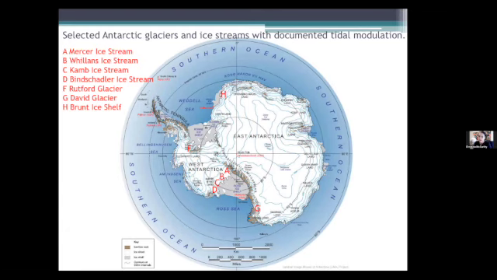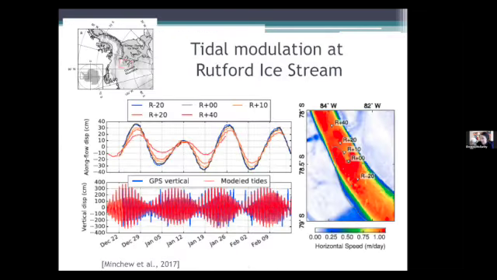But as the title of this talk implied, I wanted to look into some dynamic forcing. We were motivated by the observation that there are many ice streams in both Greenland and Antarctica, here I've shown Antarctica, that are modulated by the tides. We wanted to try to explore that in the lab.